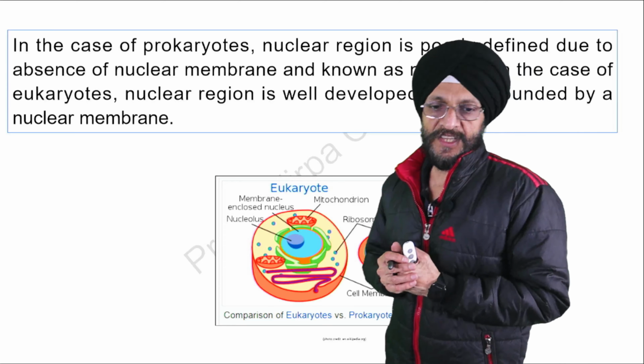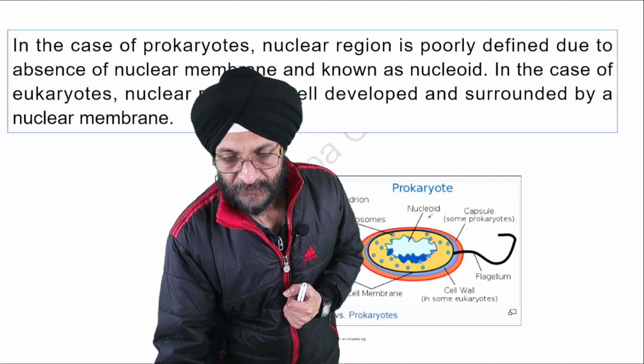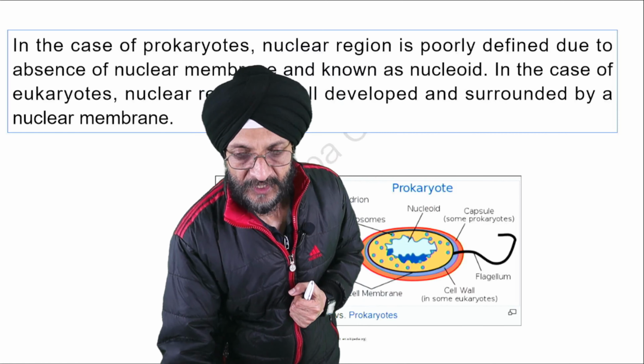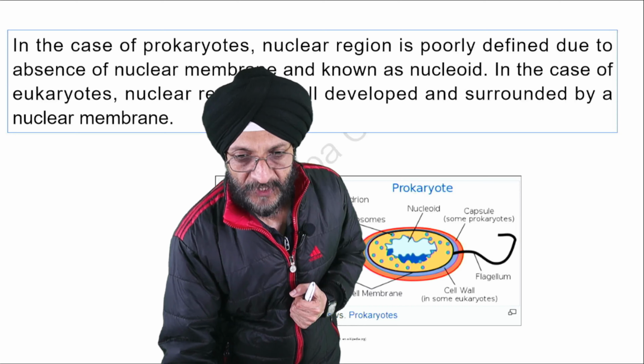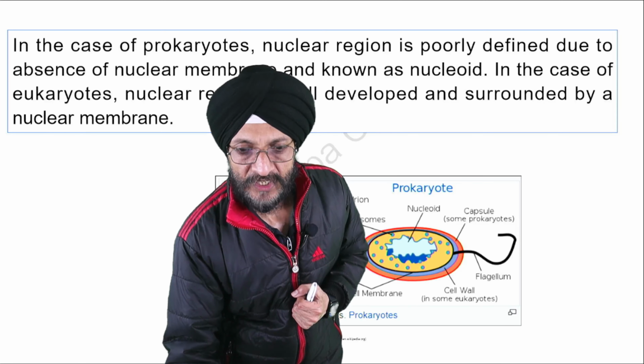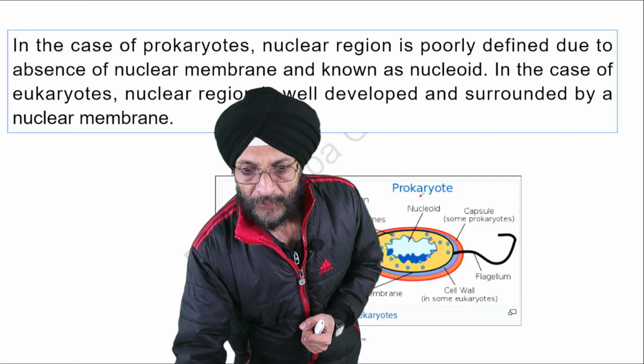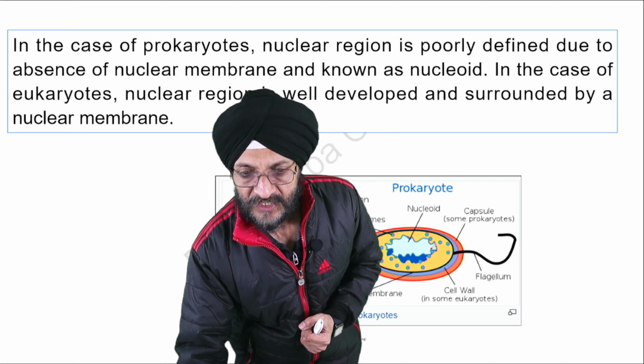Next, in this picture you can see a prokaryote. This is the picture of a eukaryote. In the eukaryote, the nucleus area is well defined, whereas in the case of prokaryotes, the nuclear region is not well defined.